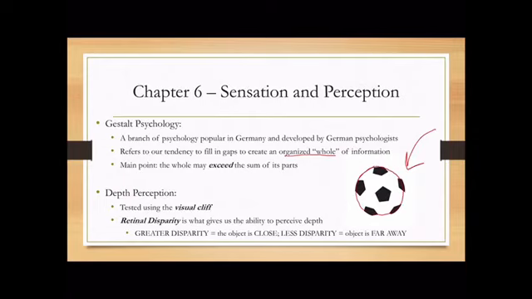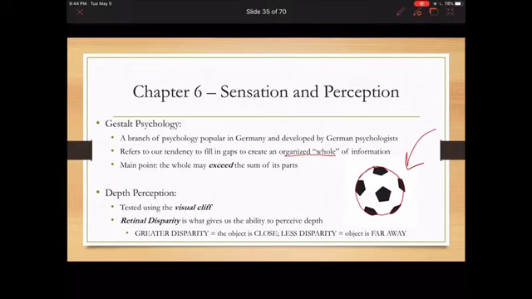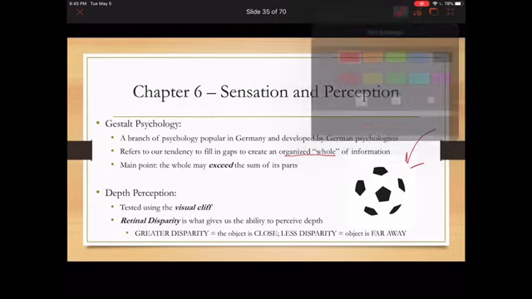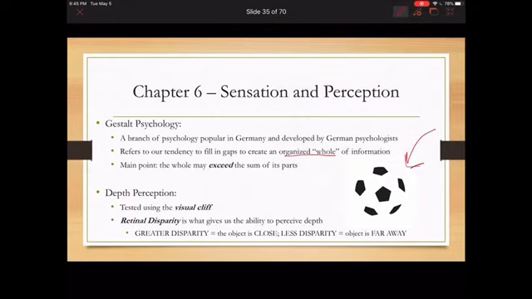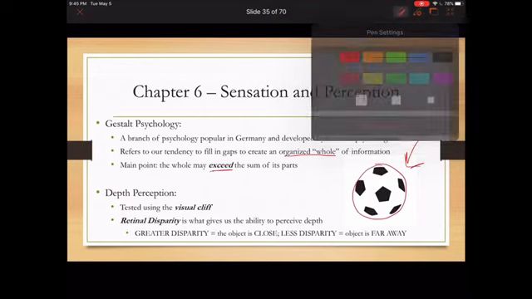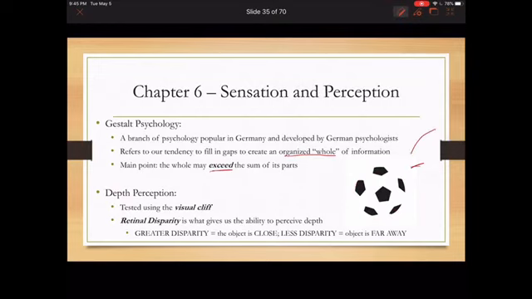Now it's a soccer ball, right? But without that added information, without actually filling in those gaps, it's not a soccer ball. It's just a random assortment of tilted hexagons, you might say, or pentagons, my goodness. So what we're saying here is the whole can exceed the sum of its parts. All of these shapes don't add up to a soccer ball, but our brain fills in the gap and turns it into a soccer ball. And that's what we're talking about with Gestalt psychology.